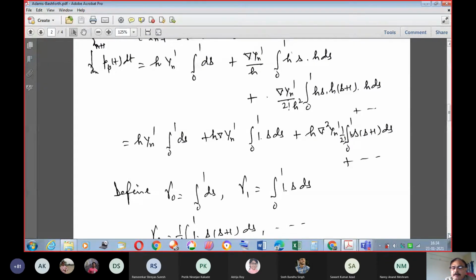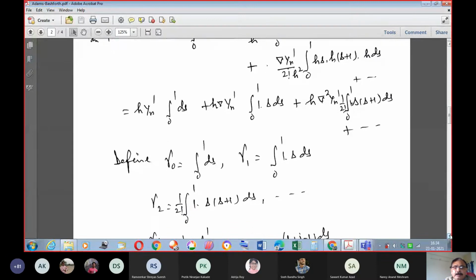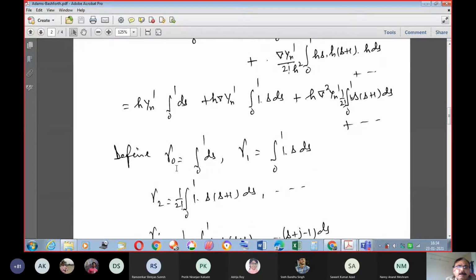So let us define these integrals. Gamma naught, let us take as 0 to 1 ds, or rather I will say 1 into ds. Gamma 1, you take one more term, so it will be 0 to 1, 1 into s into ds. Gamma 2 will be 1 by 2 factorial, 1 s, s plus 1, next term, and so on and so forth.